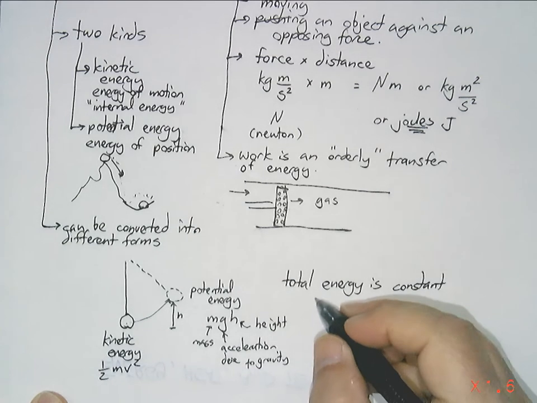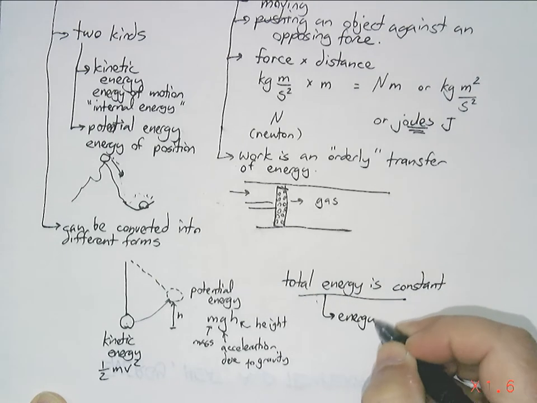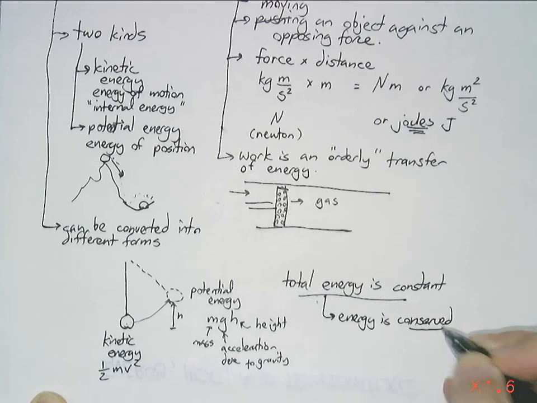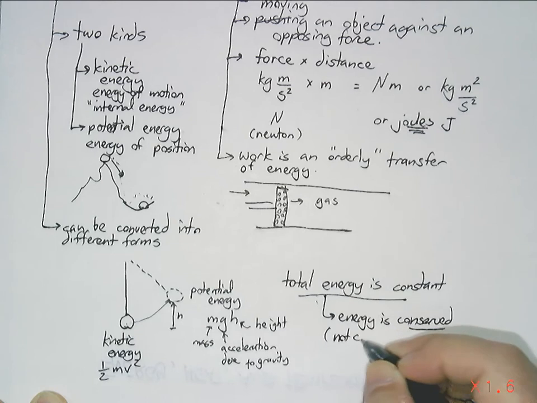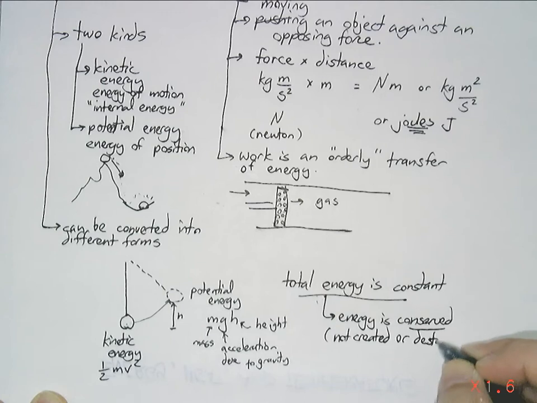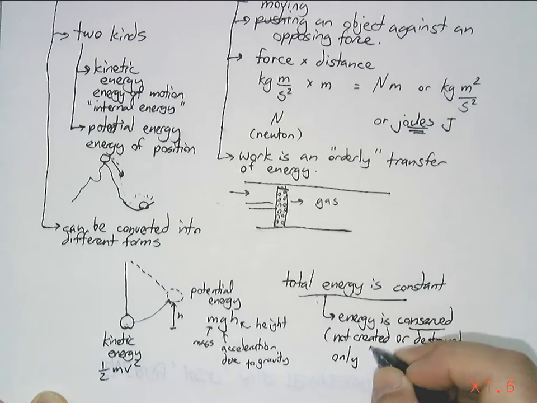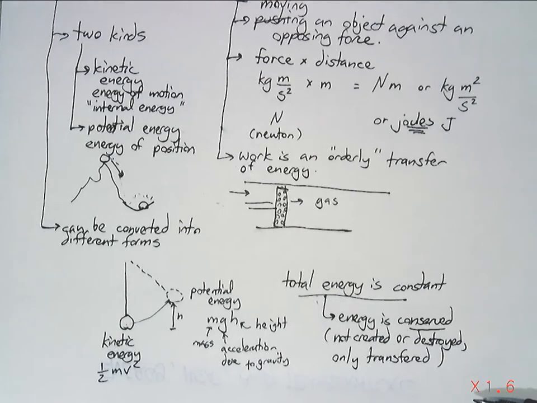This is a way of saying energy is conserved. That is, it doesn't go away. It's not created out of nothing. Only transferred. You can move energy, this ability to do work, from one place to another, from one object to another.